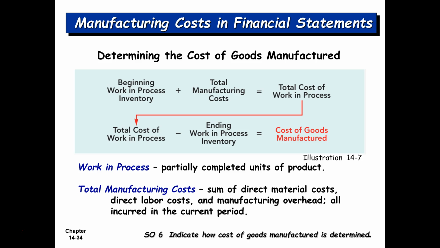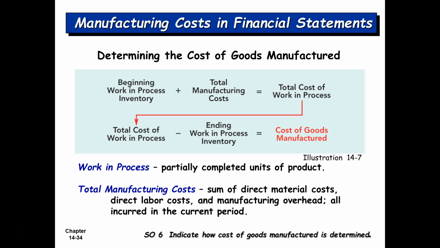So in computing the cost of goods manufactured, we have another subsection. We start with the beginning work in process inventory plus total manufacturing costs gives you a total cost of work in process. Less the ending work in process inventory gives you the cost of goods manufactured.